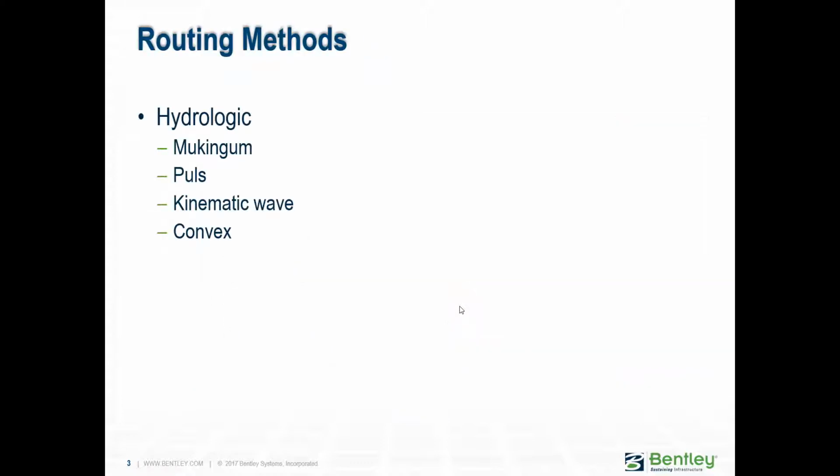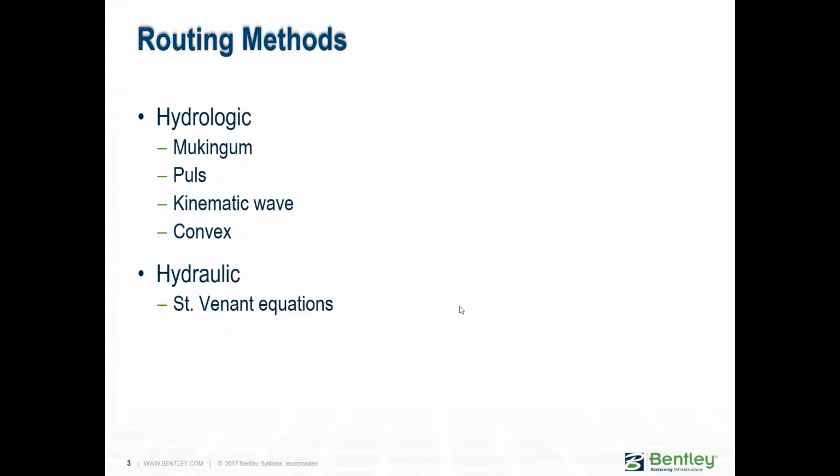So how do we do the flow routing? There are basically two categories. The hydrologic methods are simple, approximate methods that solve in the downstream direction. And they work for many cases. That is the case of SewerCAD that we were looking at yesterday. SewerCAD, as we learned yesterday, uses convex routing to do that.